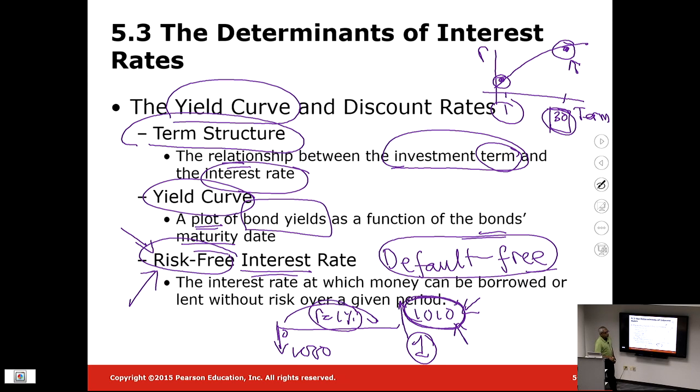A corporate bond cannot make you the same promise. A stock cannot make you the same promise. Your bank cannot make you the same promise. The only entity that can truly promise you a default-free investment is the federal government. And the reason they can do it is because legally we have given the federal government the authority to print money.